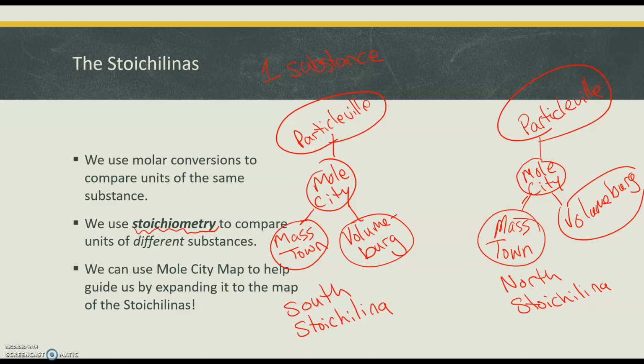Now, if you notice, there aren't any obvious ways to travel between South Stoicholina and North Stoicholina. Because infrastructure wasn't very well thought up here, we only have one way to do this. And that is by using a railroad known as the mole city or the mole ratio line.